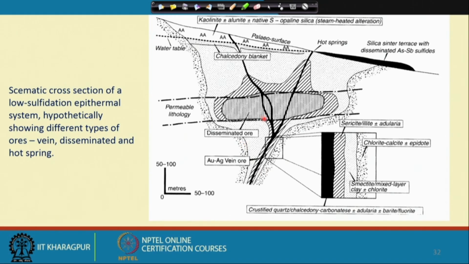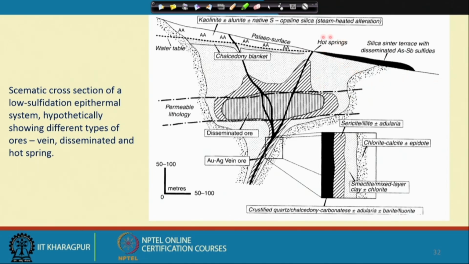they generally do have different types of ores: disseminated, vein type and also hot spring type deposits. In fact, these are the deposits which were earlier classed as the geothermal type or the hot spring type because of their close resemblance to the geothermal systems which we see in many areas, which we will be discussing in a short while.